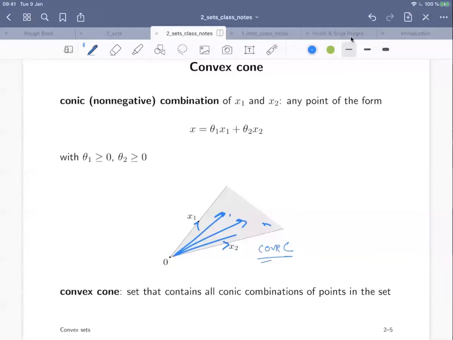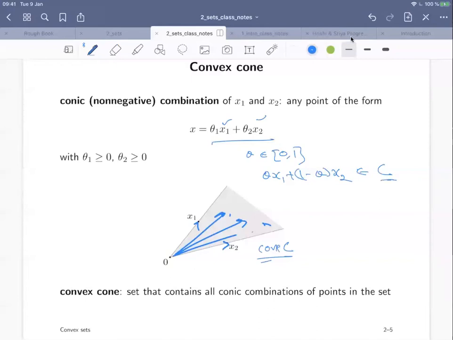We can easily verify that from this definition. If you take any 2 points and take the conic combination, that has to be within this cone. Then what is our definition of convexity? For all theta belonging to [0, 1], the convex combination theta x1 plus (1 minus theta) x2 should belong to the same set C, right?